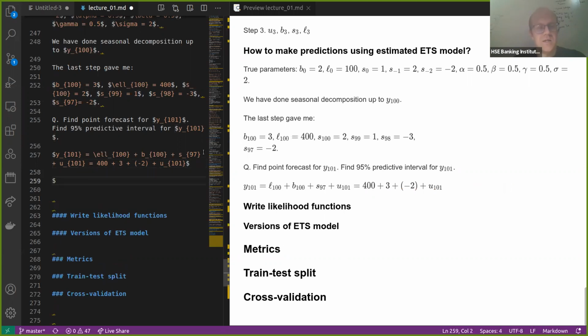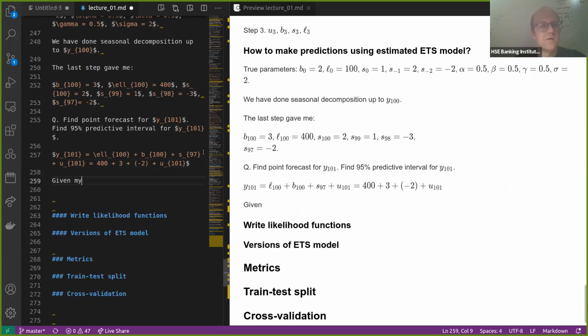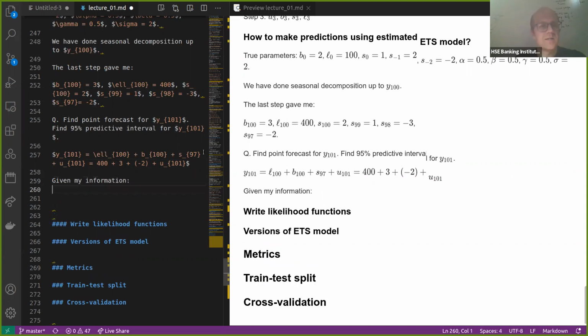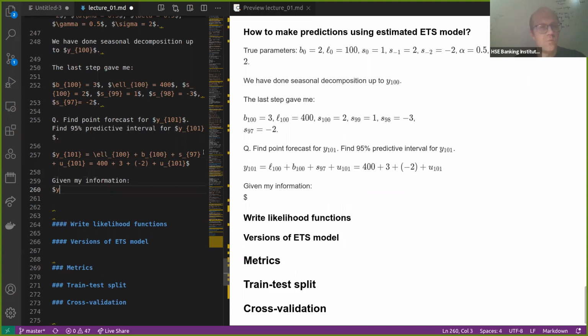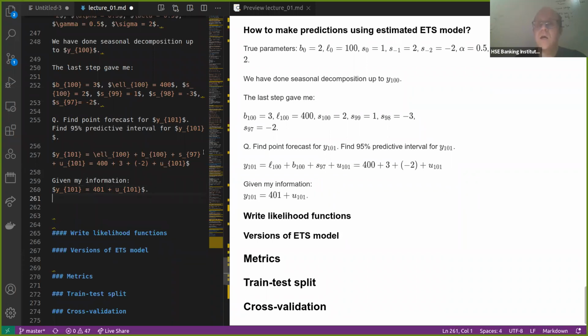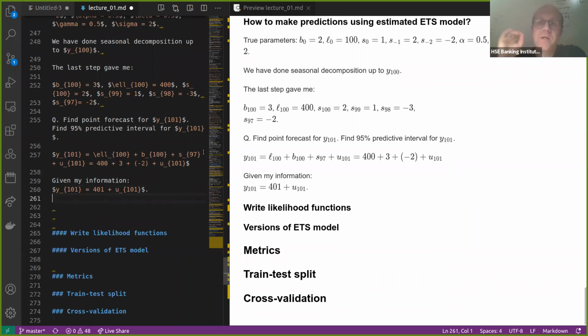And so basically, given my information, I can say that Y101 is just 401 plus U101. And now it's very easy to make point forecasts and interval forecasts.